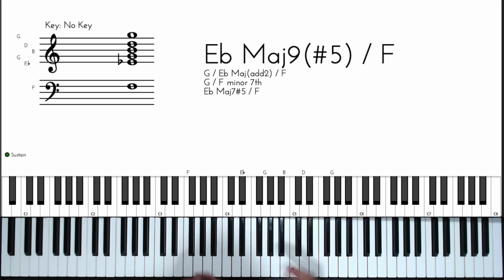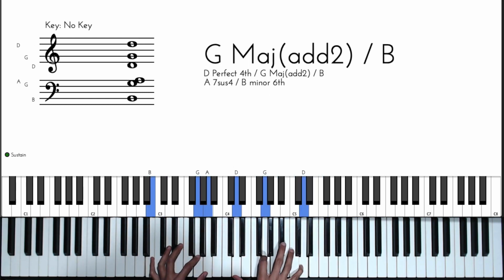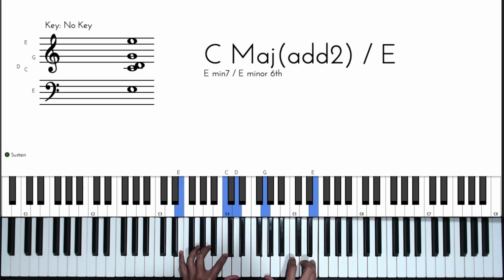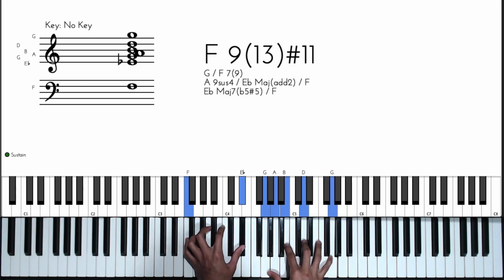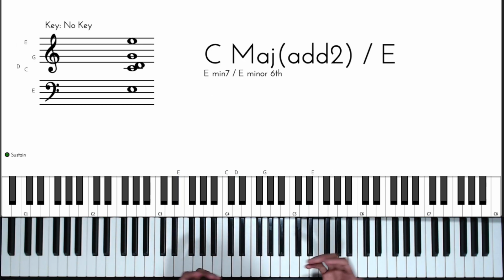So let's see how this meshes into this part of the song. Right, so from here we get to the 1, which is C, but again we're using that drop 2 voicing.